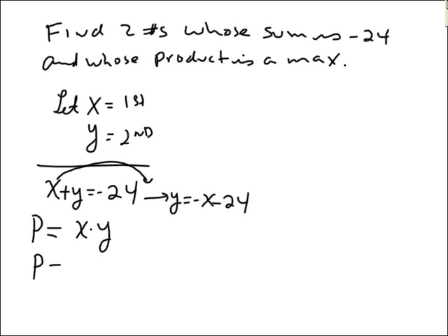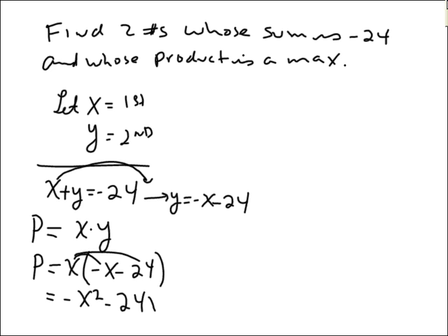So P is x times negative x minus 24, which is negative x squared minus 24x. And now this is a negative x squared. It's a negative quadratic. It goes like this. So yeah, we can find the largest p-value.